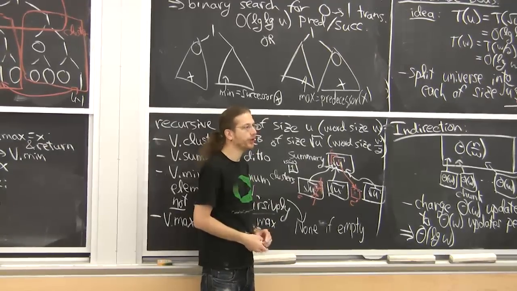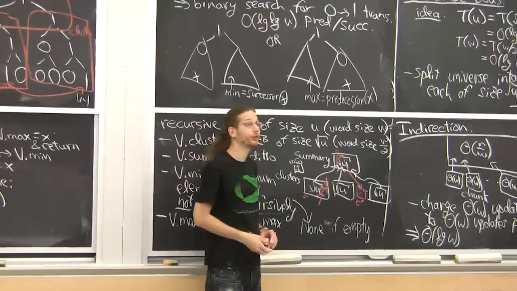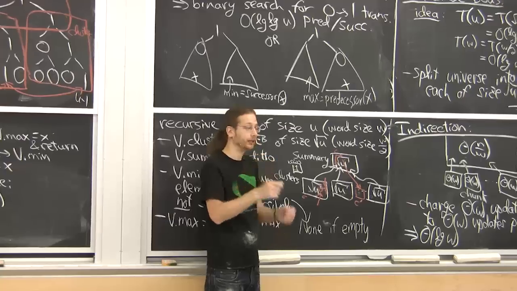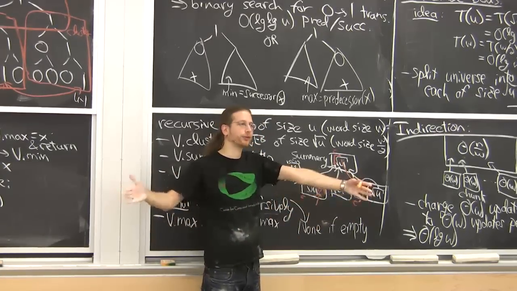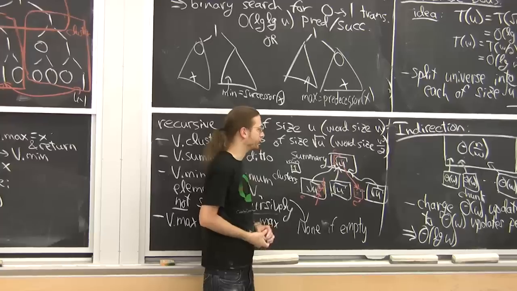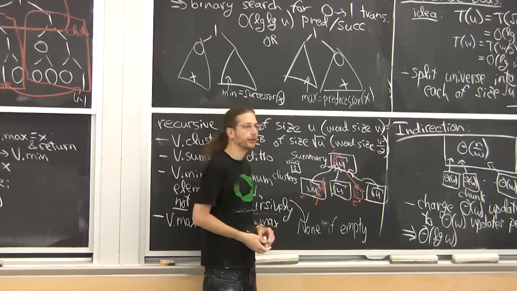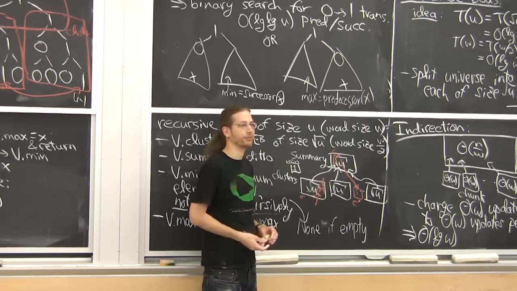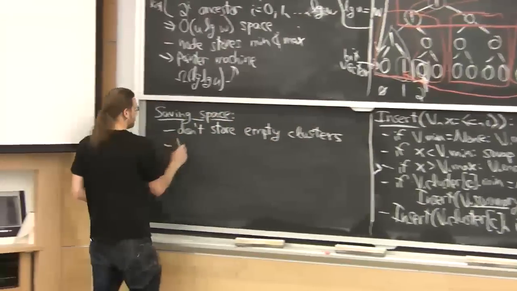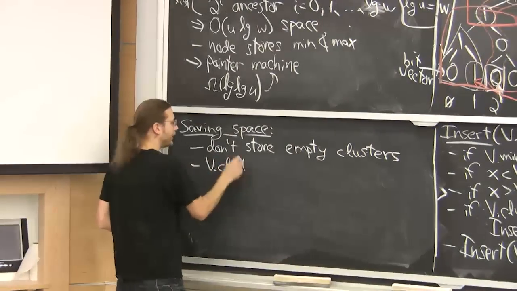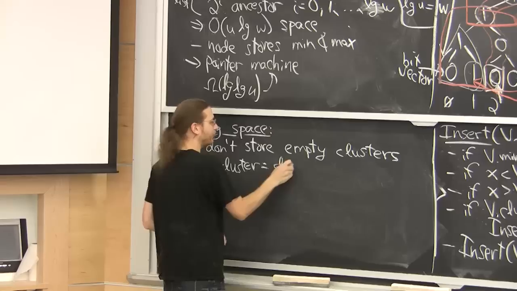If you store an array, you're going to spend at least square root of U space, because at the very beginning, you say, here are my root U clusters. Some of them might be null pointers, but I can't afford to store that entire array of clusters. So don't use an array. Use a perfect hash table. So v.cluster, instead of being an array, is now, let's say, dynamic perfect hashing.